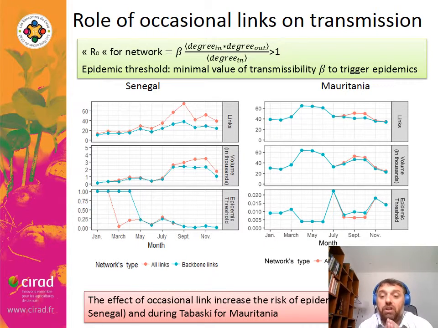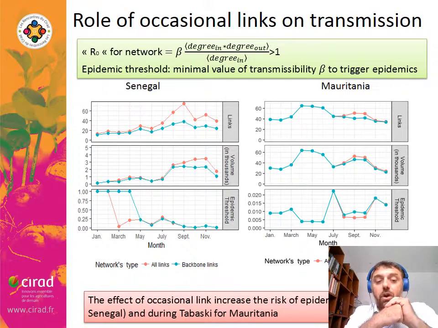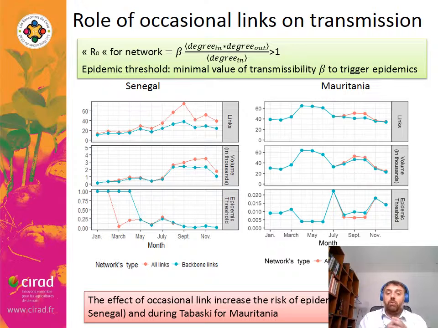Let's go further. Let's try to understand what is the risk of the transmission of a disease on the network. To do this, we have to think that also for a network we can define a sort of R naught that depends on the structure of the network. Here, beta is the transmissibility, the probability that a disease can pass from one animal to another one, and here this is the average value of the product of the in degree and out degree over the in degree.